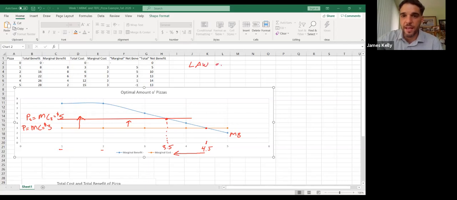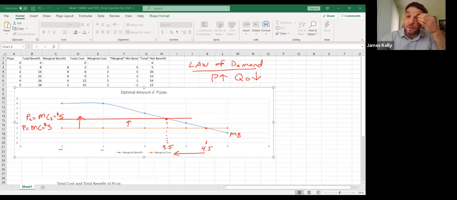The law of demand states that as price goes up, quantity demanded goes down. That's exactly what we see here, because our price goes from $3 to $5. Call that step 1. In fact, I'll do it in a different color. That's the price increase.